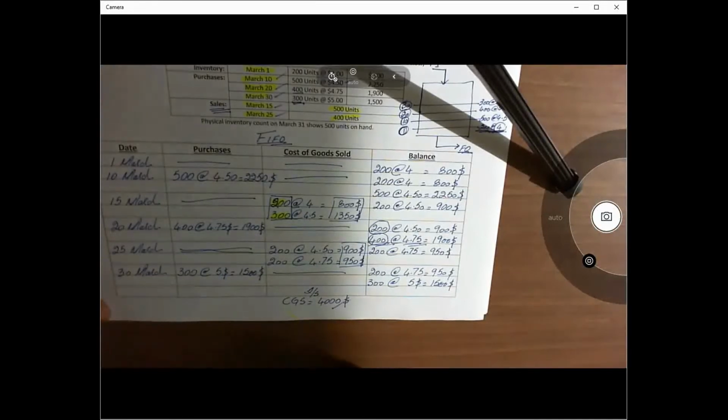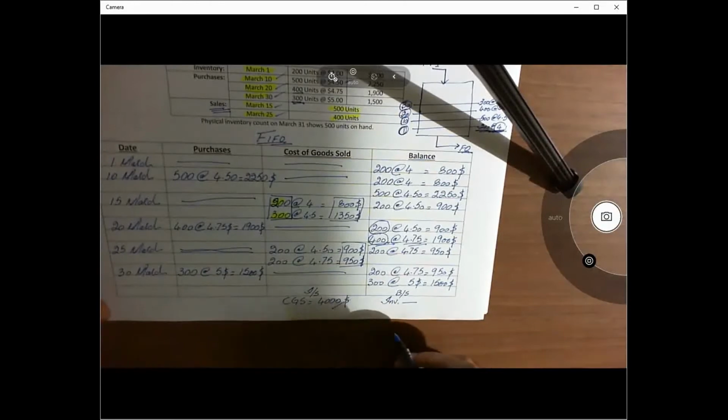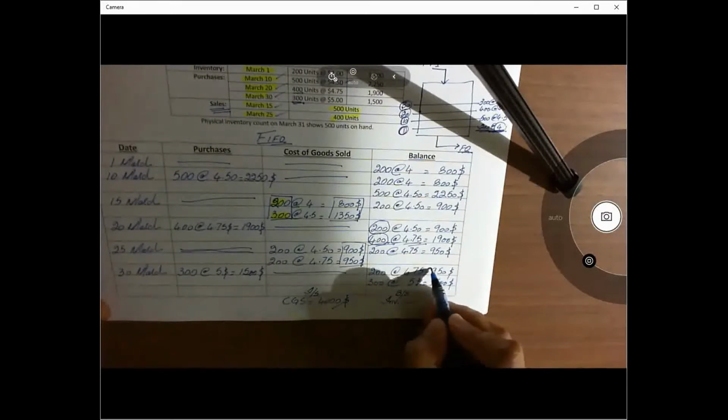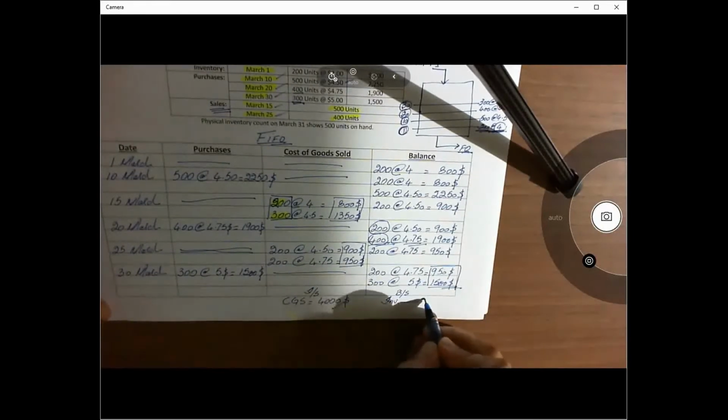On the other side, in our balance sheet, we will be writing inventory as an asset at the value of just adding these two things up, because this is our balance. So $2,450.